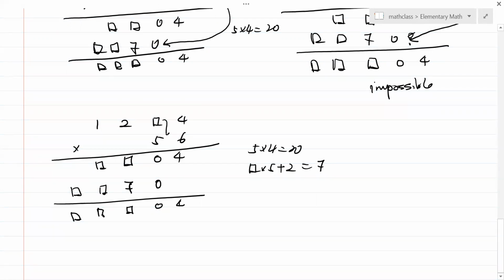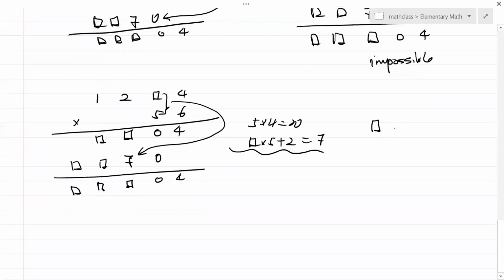How do you get it? Yeah. So let's see. 5 times that number, plus 2, gives you 7 at the end, right? What are the possible solutions for that number?